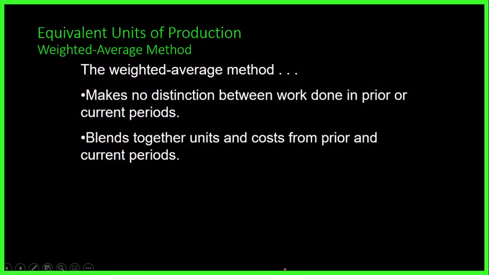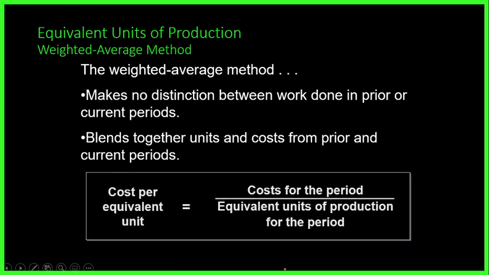Under the weighted average method, this method makes no distinction between work done in prior or current periods. Why? Because this is under the assumption that the costs incurred this period and last period have no significant difference. It blends together units and costs from prior and current periods. Let's have an example later.